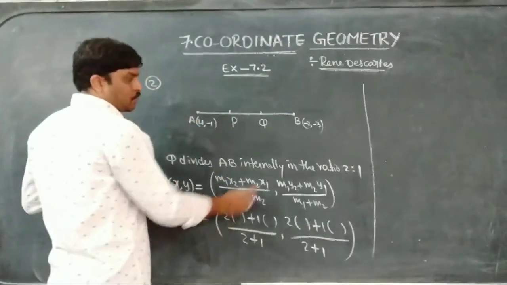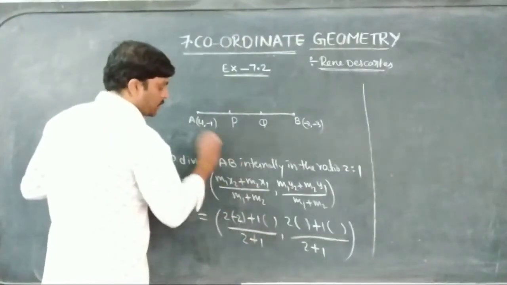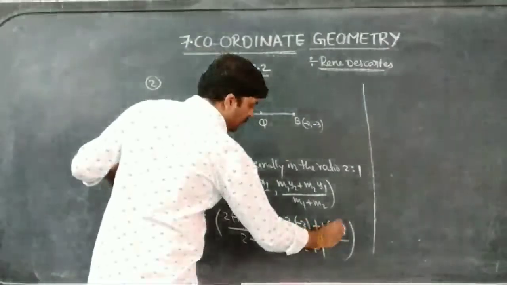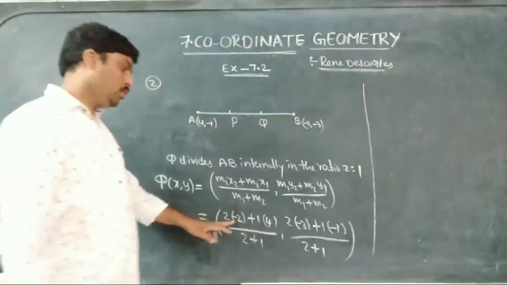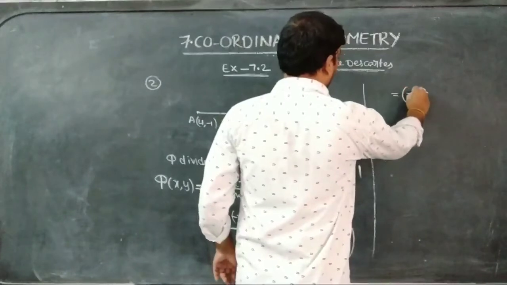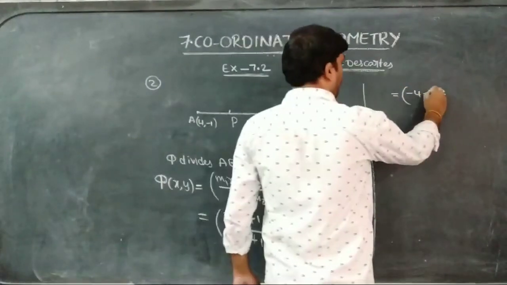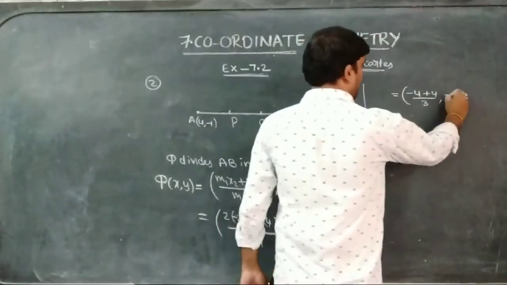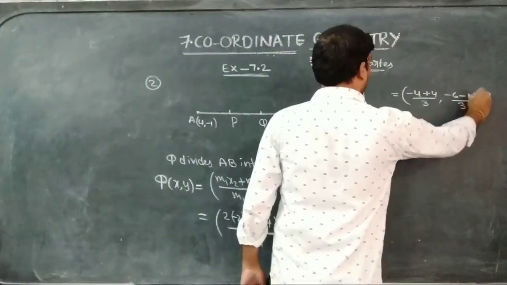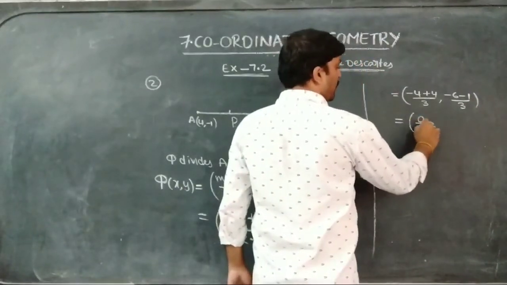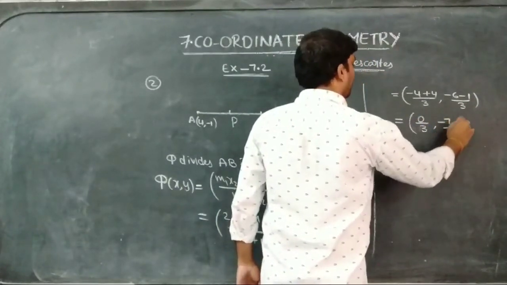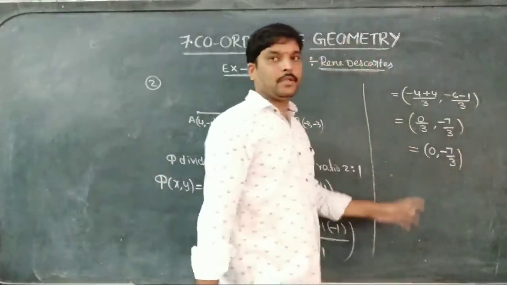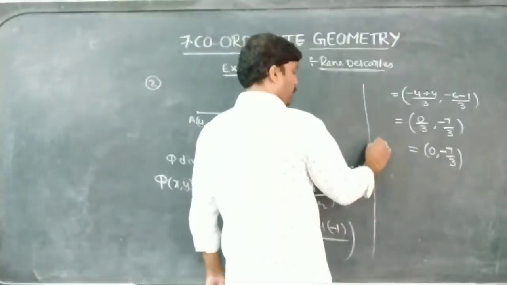Here x2 value is -2, x1 value is 4, y2 value is -3, y1 value is -1. Now 2 2s are 4, -4 plus 4 by 3. 2 3s are 6, -6 -1 by 3. That is 0 by 3, -7 by 3. That is (0, -7 by 3). This is Q (x, y).